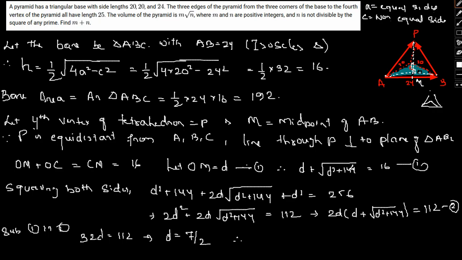So therefore this particular term d square plus 144 can be written as 25 by 2. I hope this much is clear. I've solved this particular part so that there's no confusion as to how we obtain these values.